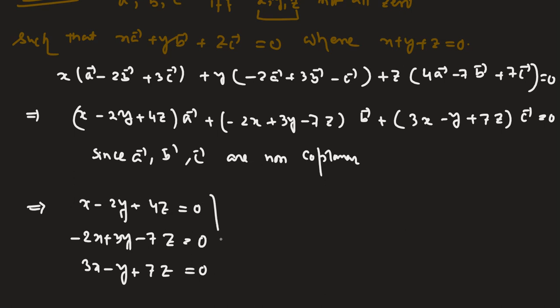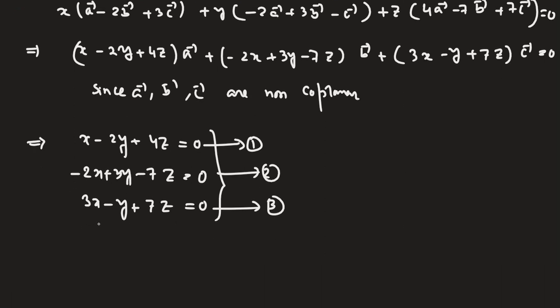Now from here we are going to find x, y, z. One value of x, y, z is very simple, that is 0, 0, 0. So we are searching for the non-trivial solution. First of all we solve equation 1 with 2 and eliminate x. Then we solve equations 2 and 3 and eliminate x. In this way you can do, no problem.